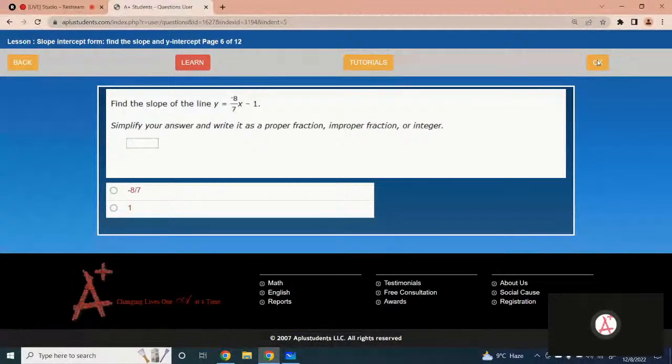Which is the slope, the first one or the second one? The first one is the slope. Got it? m equals negative 8 over 7. So the correct option is the first one. Got it? Because the slope equals negative 8 over 7.